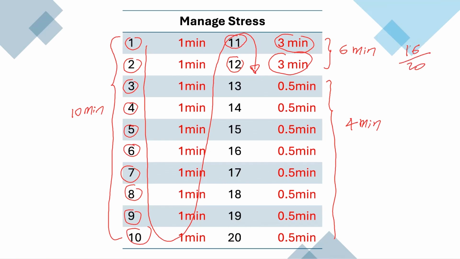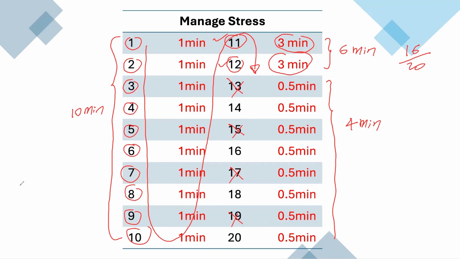So you have 8 more questions to do, but you have 4 minutes left. Because of that, stress and pressure build up in you. As a result, even though you do these 2 questions right, you might mess up most of the other questions even though they are so easy.